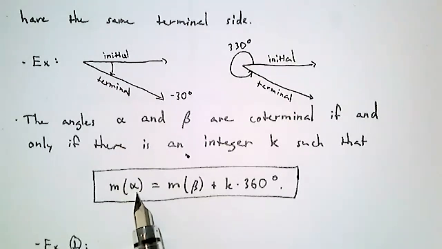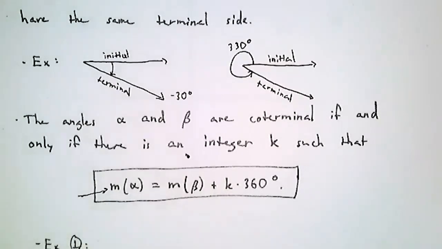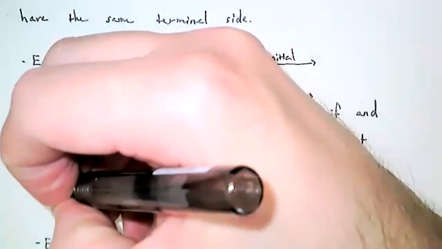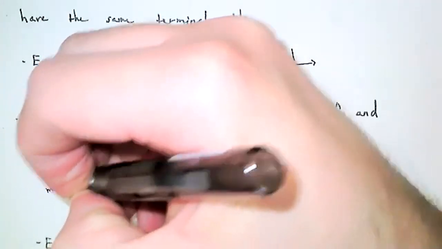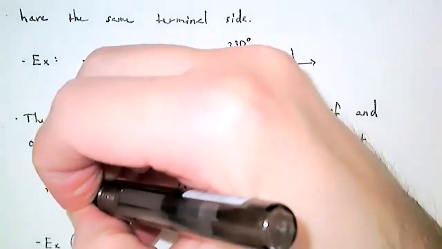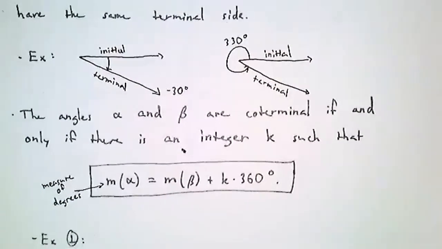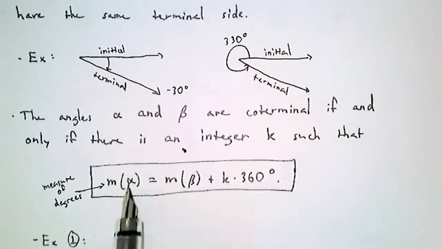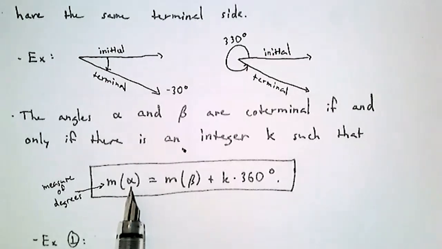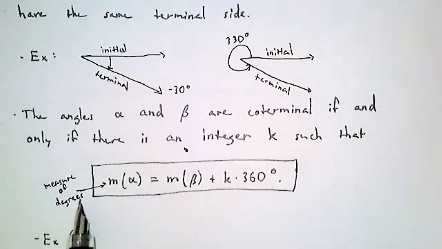M of alpha, this is the angle, the measure of degrees. So M for measure of degrees. So alpha is an angle, it's a geometrical thing. M of alpha is a number, it's a number of degrees.